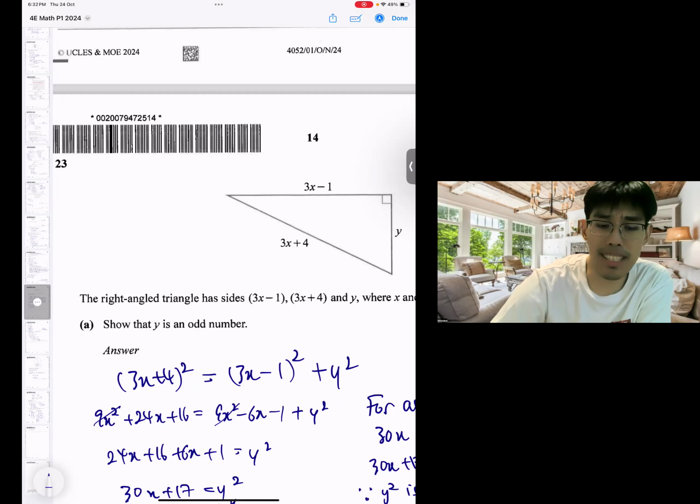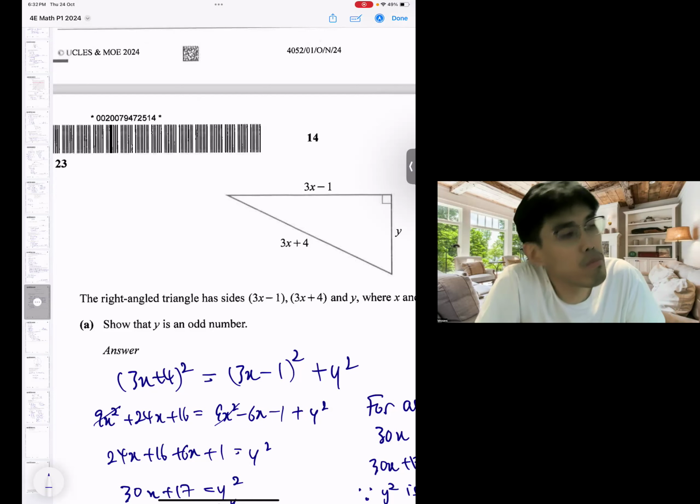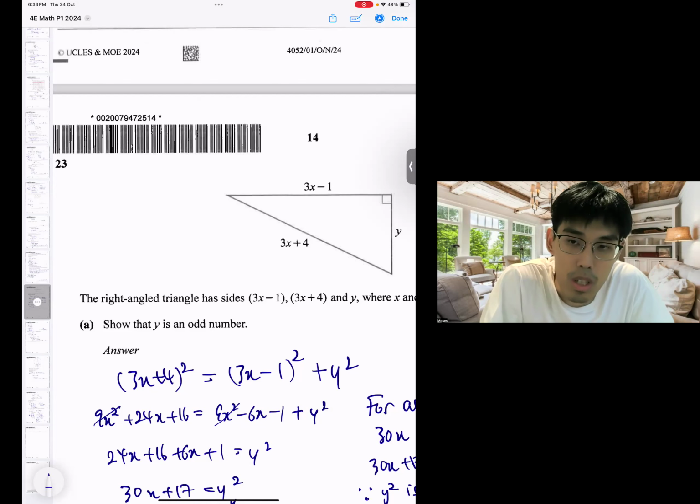The minimum number should be 7. So 7 square or 9. So 7 and 2. It could go out from there.